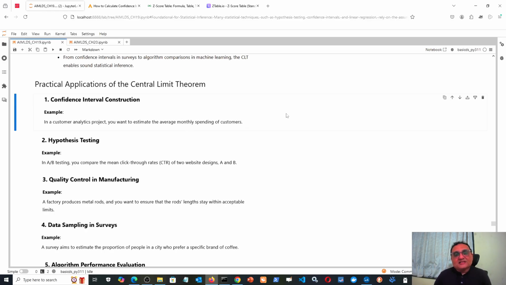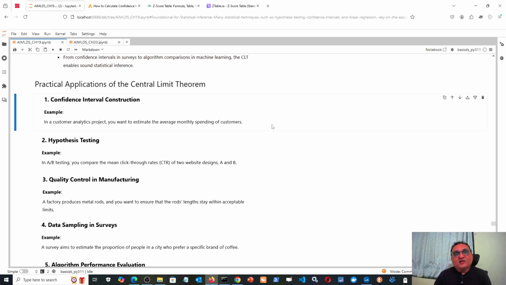Now suppose you get the answer that average monthly spending of a customer, additional spending apart from their subscription charge, is $5 plus or minus 10%. So that is called a confidence interval, right?